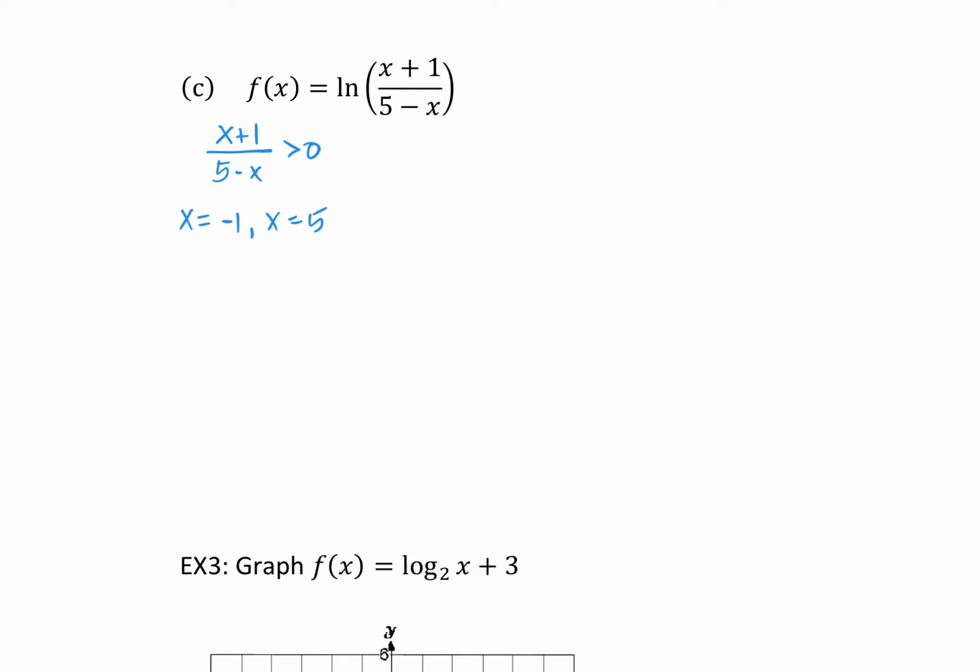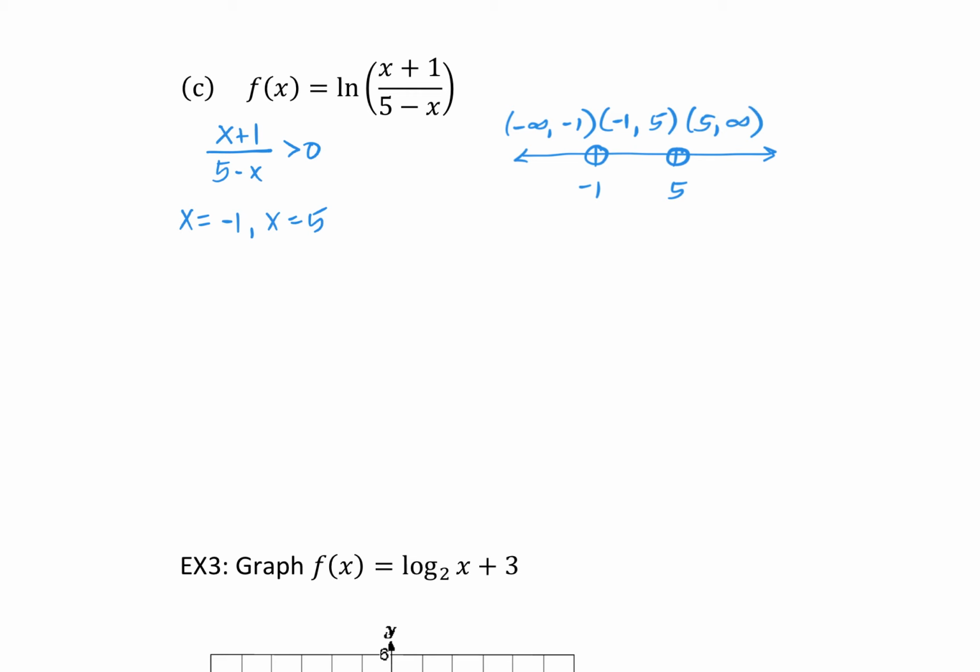As we did with the quadratic, I'll put the number line here and break it up at -1 and 5. Strictly greater than 0 means we're not going to use either one of these points when we figure out our interval. So possible domain would go negative infinity to -1, -1 to 5, 5 to infinity, all with parentheses.